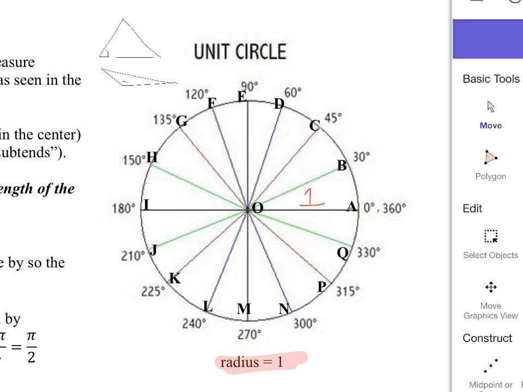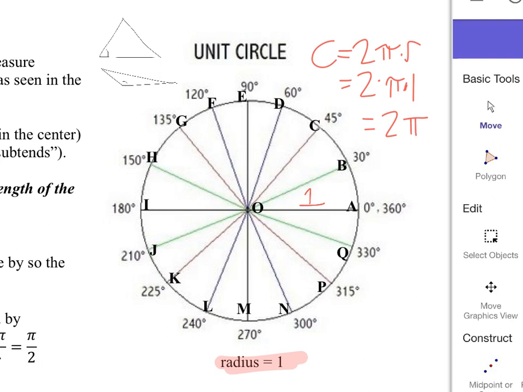And if that's 1 unit, then we can find the circumference. Remember, the circumference of a circle is 2 pi r, 2 times pi times the radius. So in this case, it's 2 times pi times 1, which is 2 pi. So the distance all the way around this circle is 2 pi.